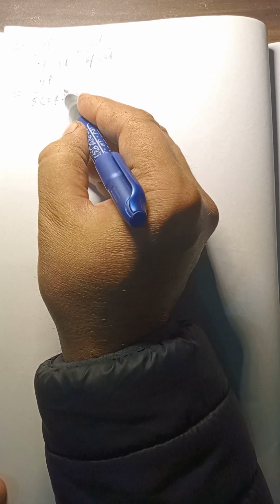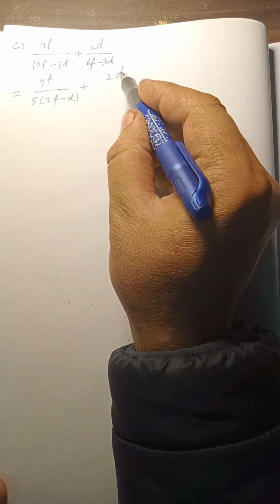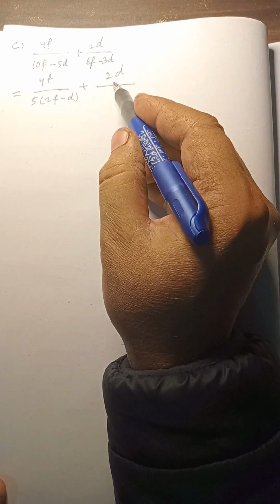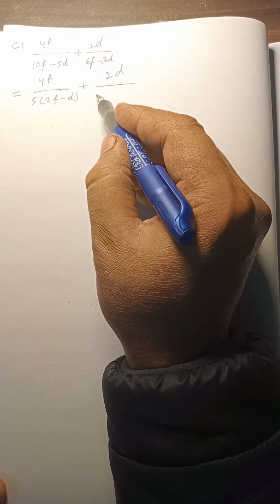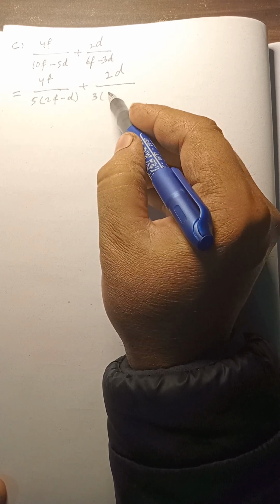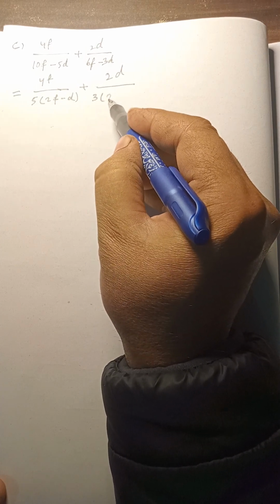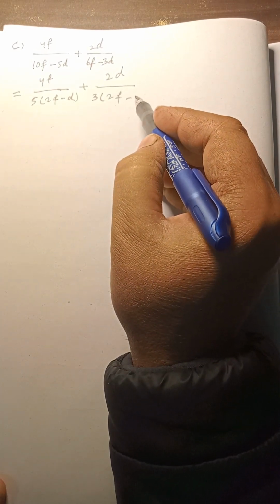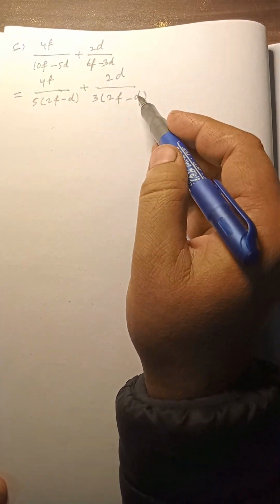And then this plus sign, and 2d is already simplified, but 6f and 3d can be divided by 3 only, and when 3 is taken as common, 3 twos are 6, 2f minus 3 ones are 3, so d here.